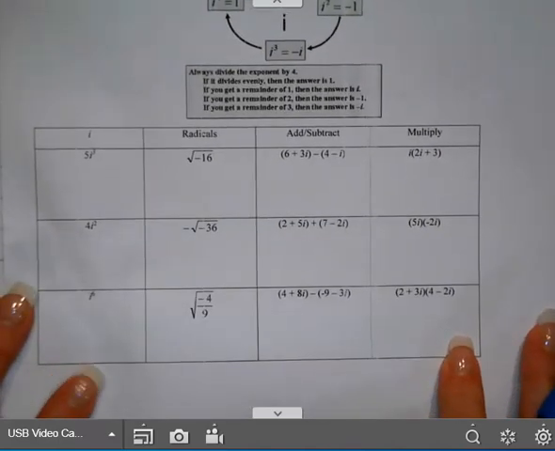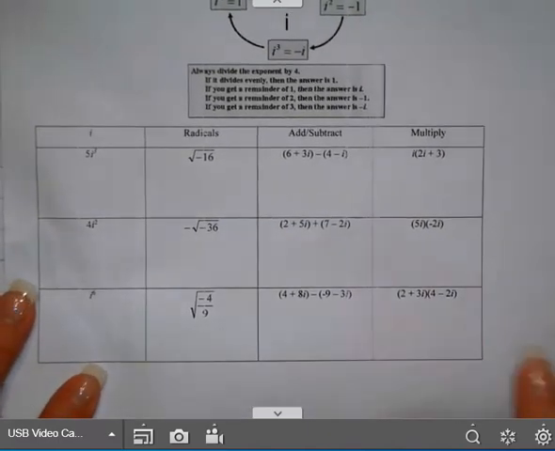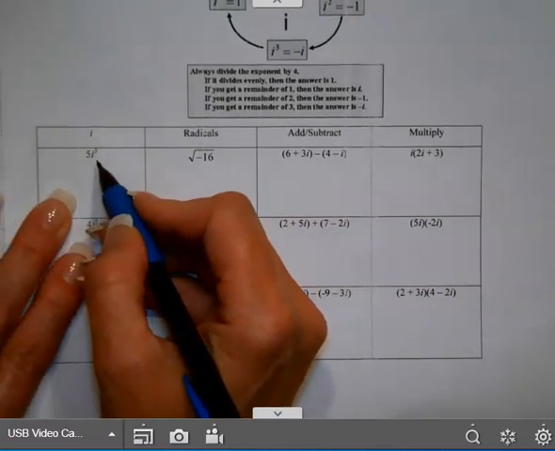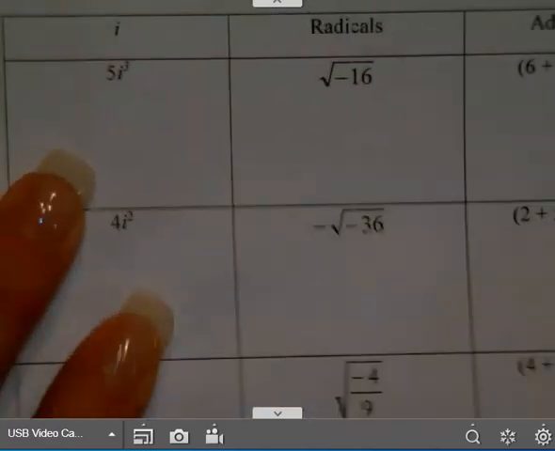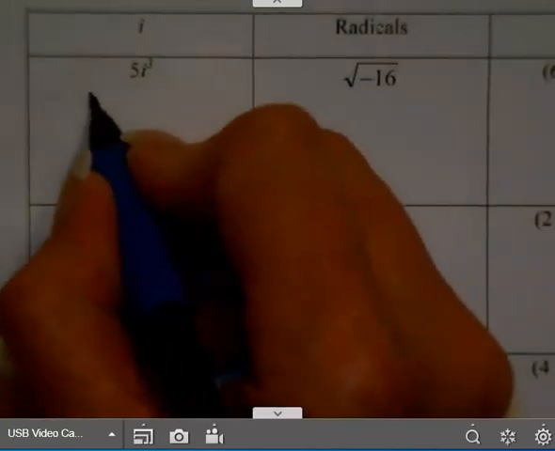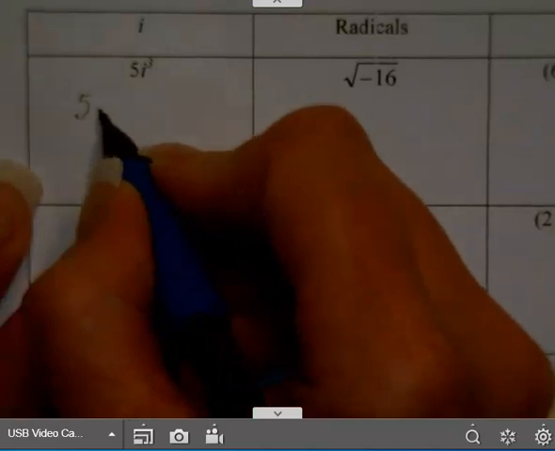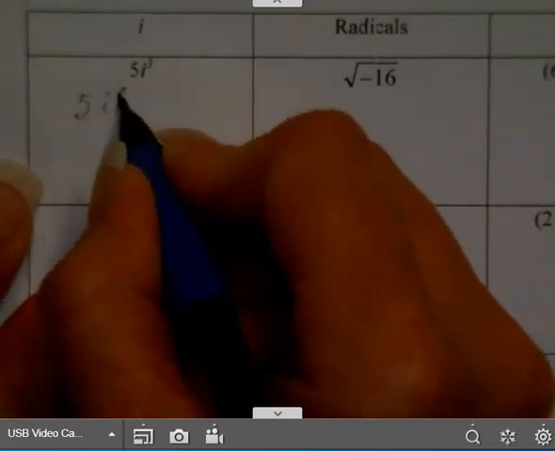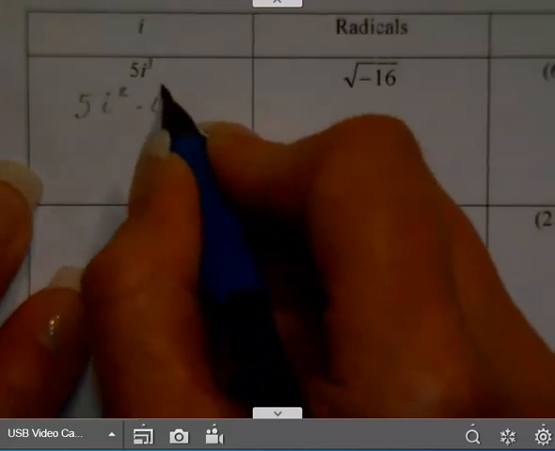Let's practice simplifying some stuff with i. For this first example, this is 5 times i to the 3rd. And I think I'm going to zoom in on these. I can write this as 5 times i squared times i.